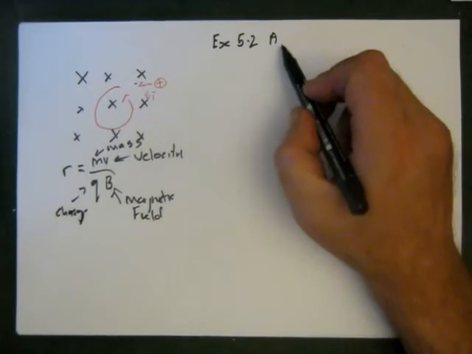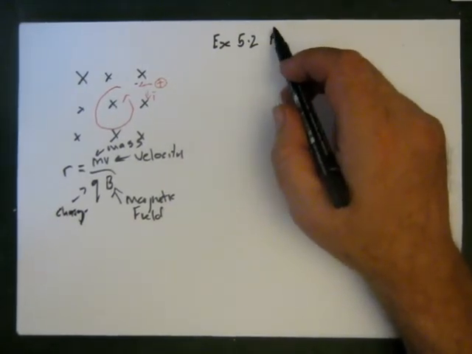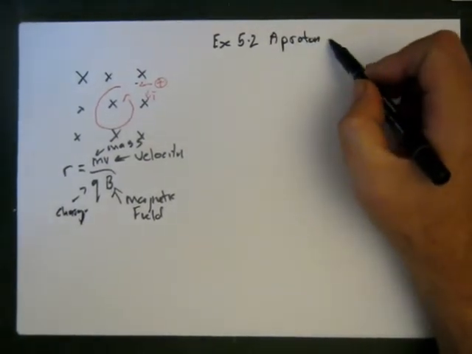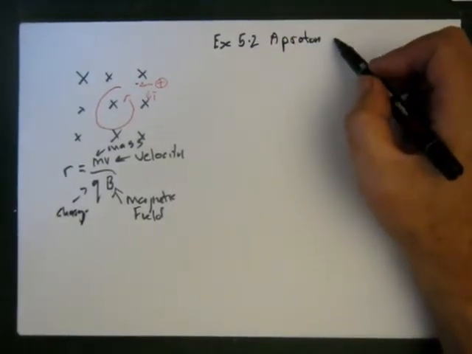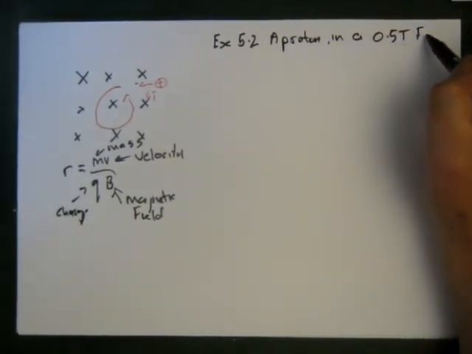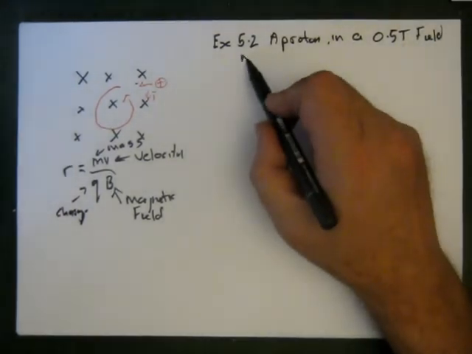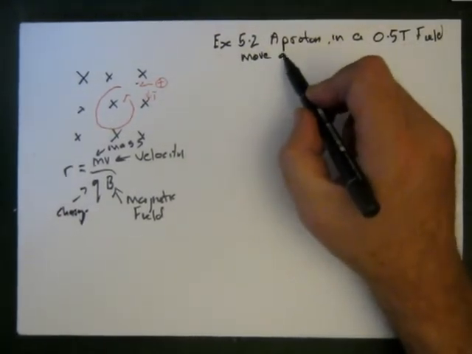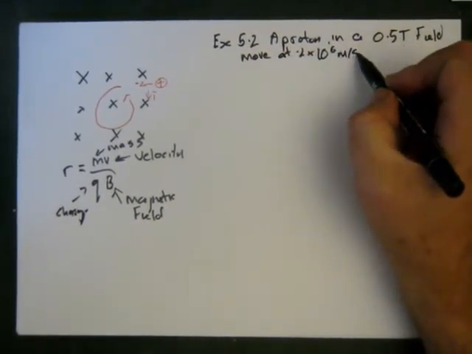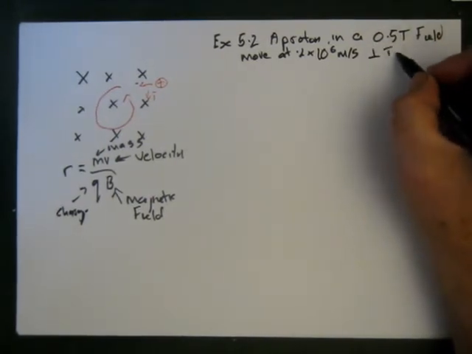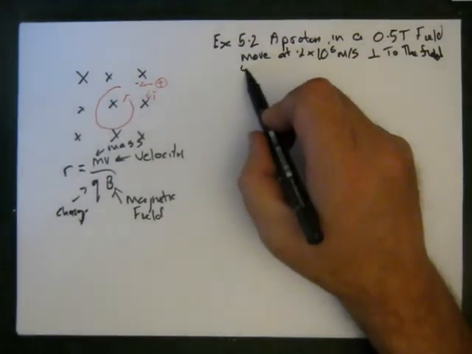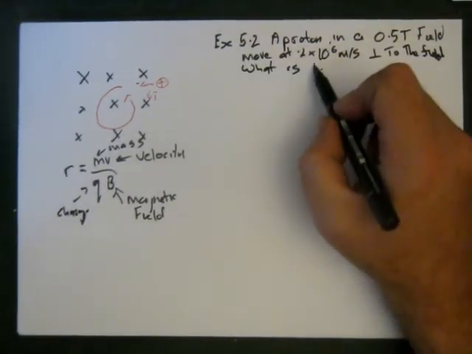We have basically the same proton as before, but it's moving perpendicular this time, in a 0.5 Tesla field, at 2 times 10 to the 6 meters per second, perpendicular to the field. What is the radius?